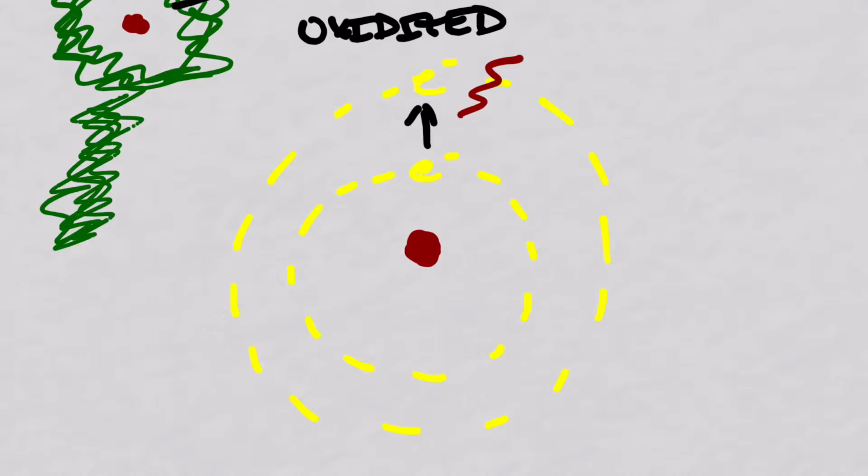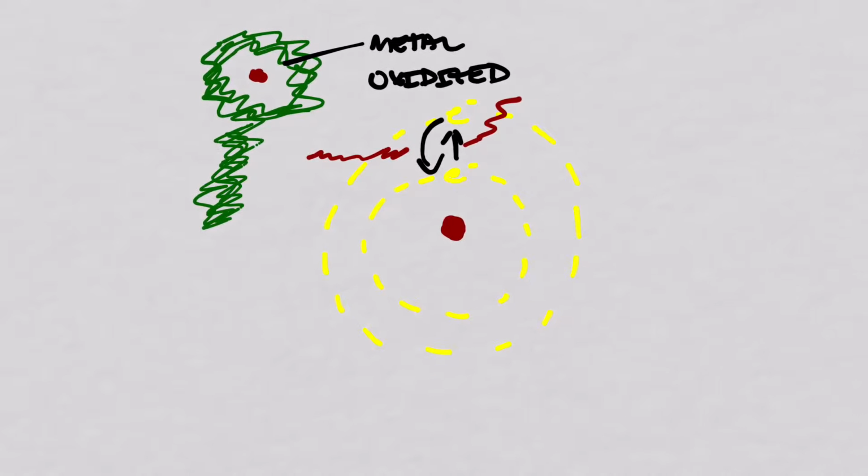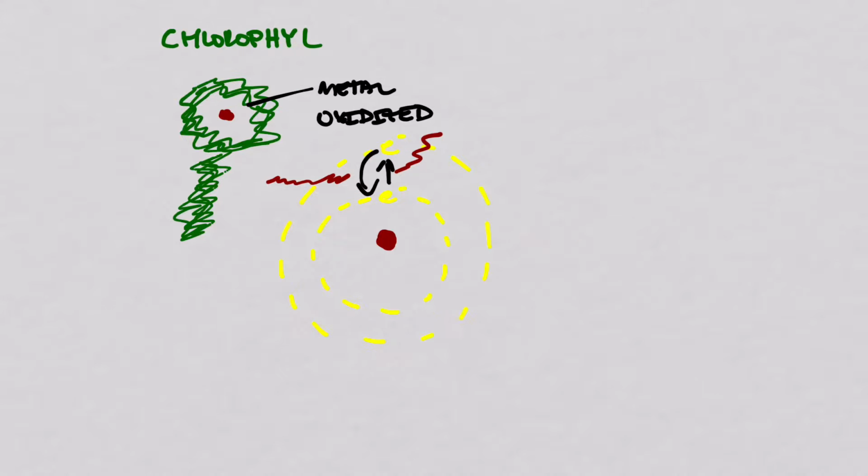So if we have light coming in and striking this electron, it will bump up an energy level, and then conversely, this electron can fall back down to its original energy level, and it will emit the same frequency photon of light. Okay, so electrons have this property which they can bump up and down in energy levels by either absorbing or emitting photons. So photosynthetic systems take advantage of these properties of electrons, and here's what they do.